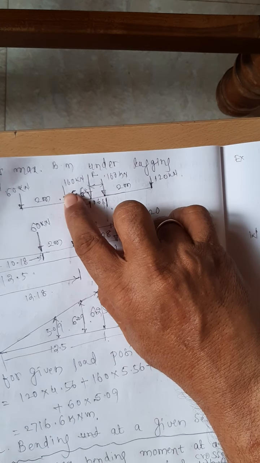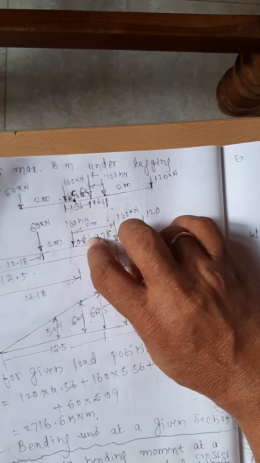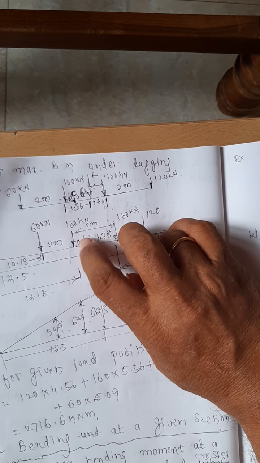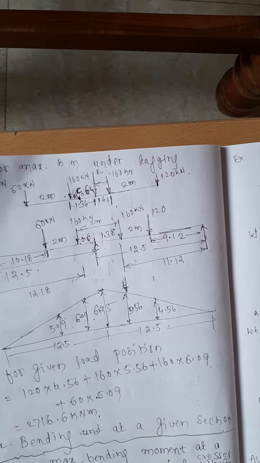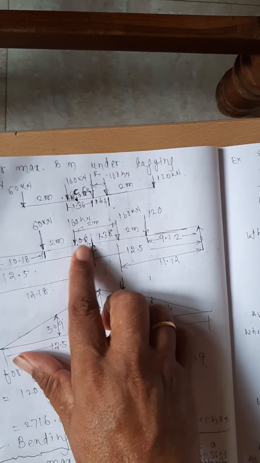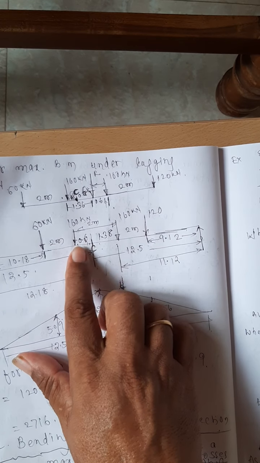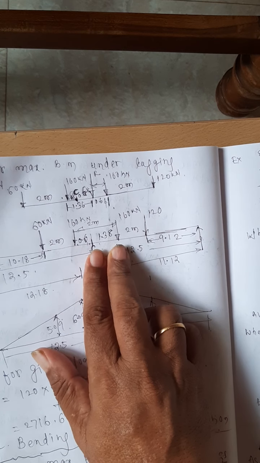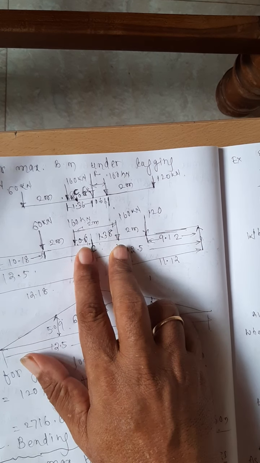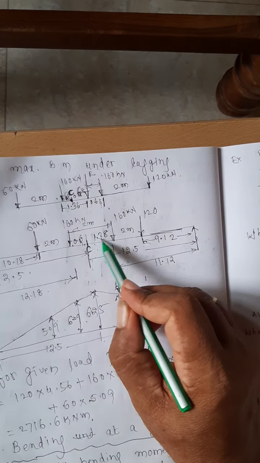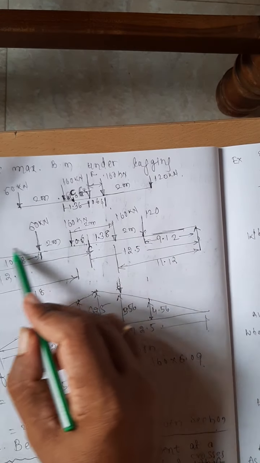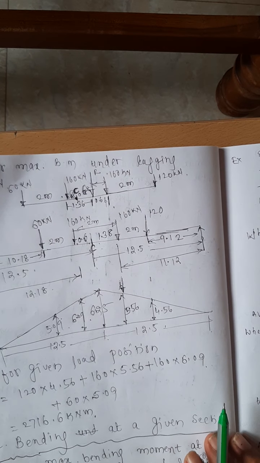Therefore this load is to be kept at a distance of 0.62 from the center on this side, and the rest all positions are fixed. When this distance becomes 0.62, what is this distance from the center? That is 2 minus 0.62. Like that you pick up the position of all the loads.